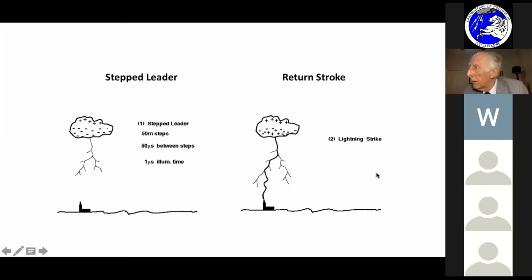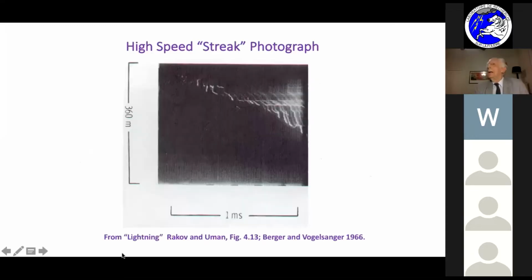Now, the next slide shows the big mystery that arose from high-speed photographs. This is a famous photograph reproduced in the textbook Lightning by Rakoff and Newman.